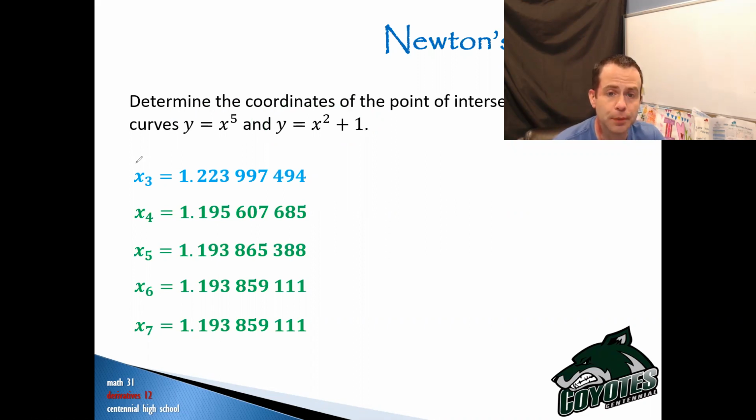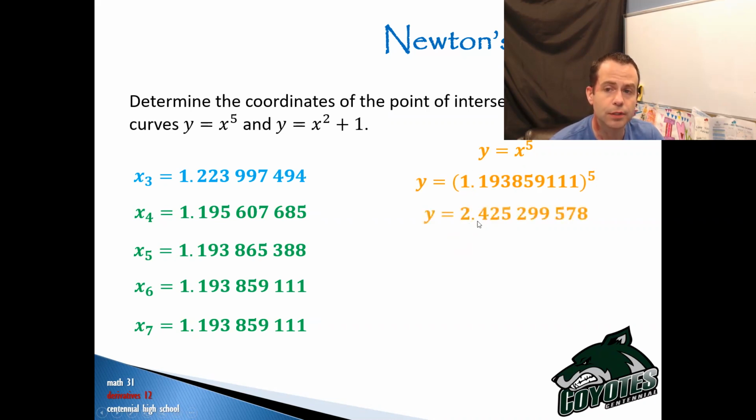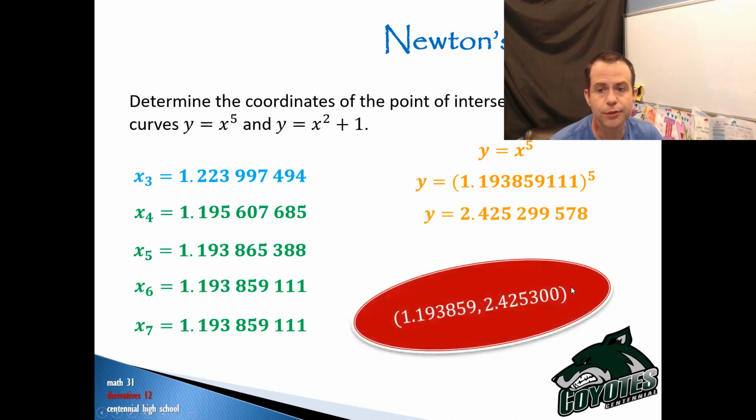So I now need to plug my x value into one of the original and get the y value. Okay, doesn't matter which original you choose. I happen to have chosen the x to the 5. So I plugged in 1.193859111 into that equation, and I get out 2.425299578.